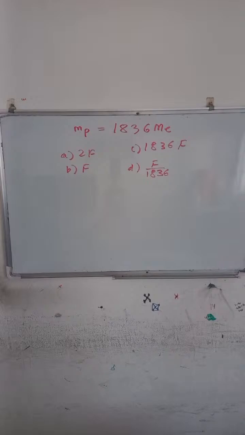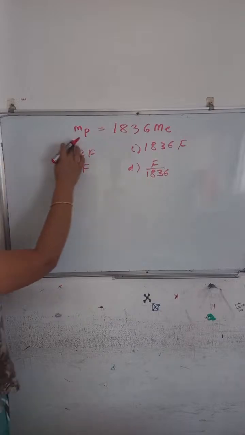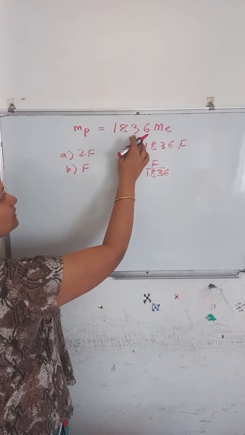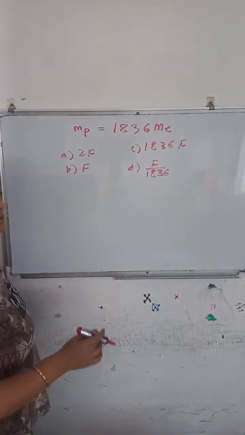The question is that the force of repulsion between two electrons is nothing but F, and the force between two protons separated by the same distance is, with the options given. This is a very easy question. To confuse you, they gave this information: mass of a proton is 1836 times the mass of an electron.